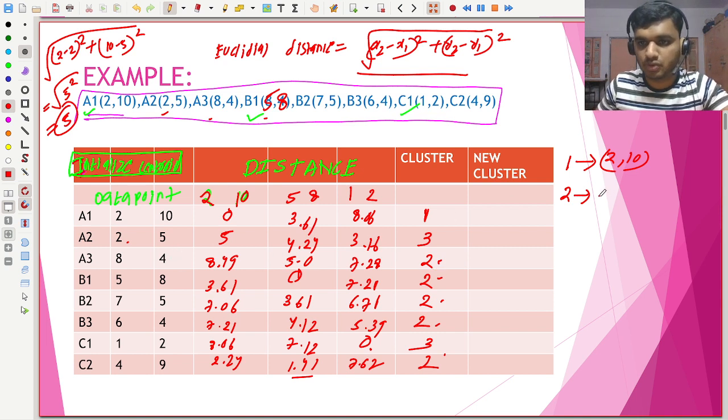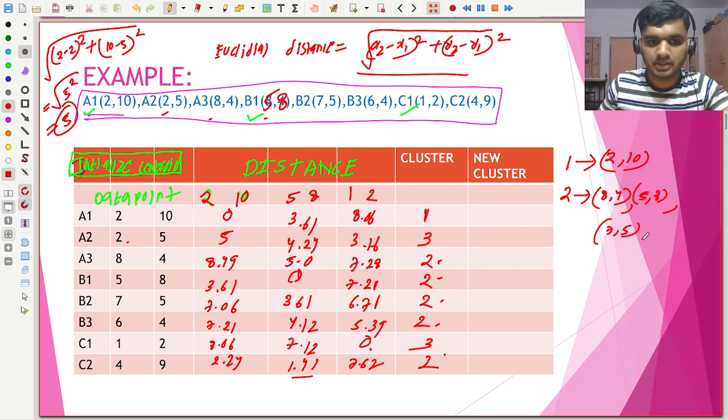That is (8, 4), (5, 8), (7, 5), (6, 4) and (4, 9). For cluster 3, the points present are (2, 5) and (1, 2).